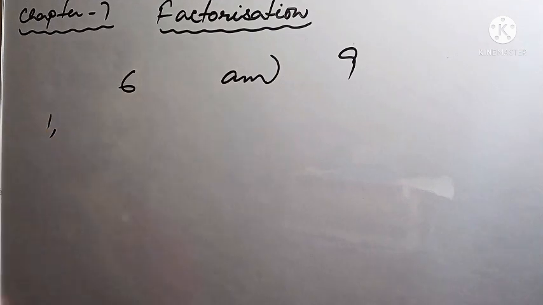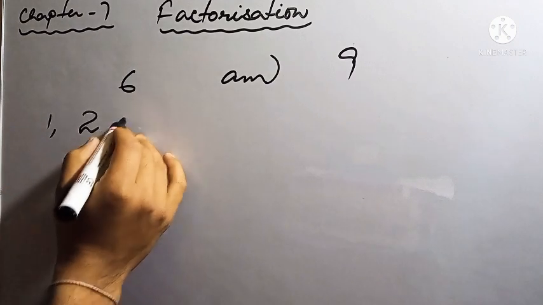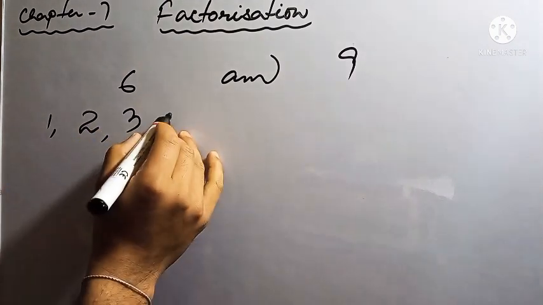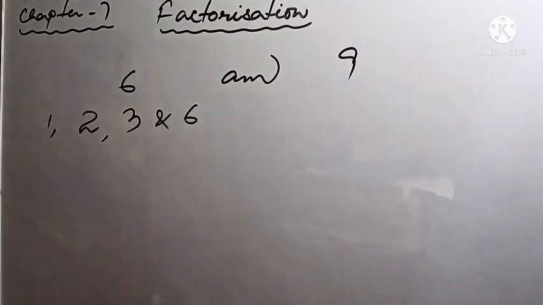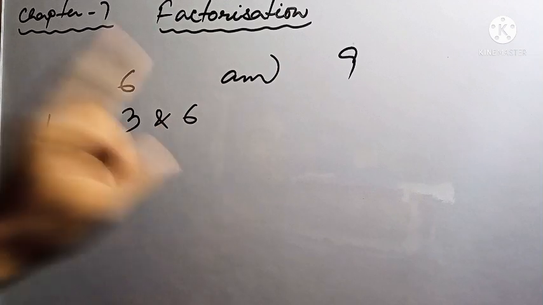Now let us find the factors of 6. Factors of 6 means those numbers that can divide 6. We all know that 1 is a factor of 6, 2 is a factor of 6, 3 is a factor of 6, and 6 is a factor of 6 itself. So for 6 we have 4 factors: 1, 2, 3 and 6.